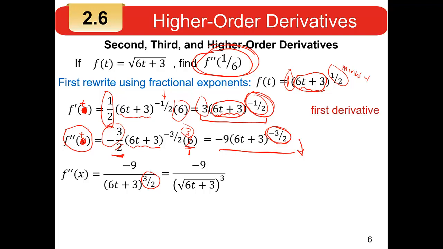So the last thing I do before plugging in is remember that the denominator of the fractional exponent is the index of the radical, and when you don't put anything there, that index is an understood 2. You usually don't write it in there, but that's actually an understood 2 when you're doing square roots. And then the numerator of the fractional exponent is the power.